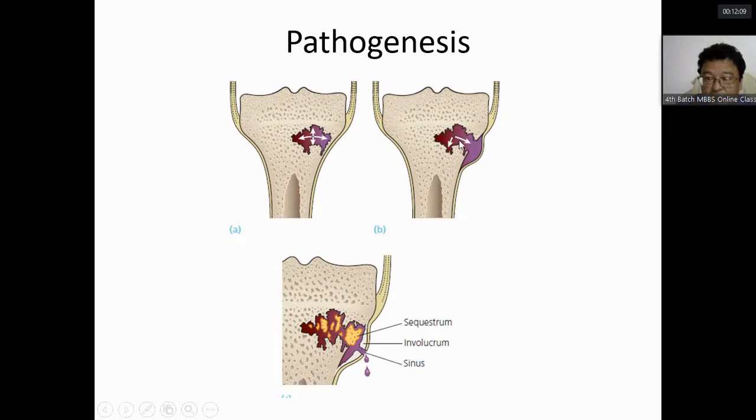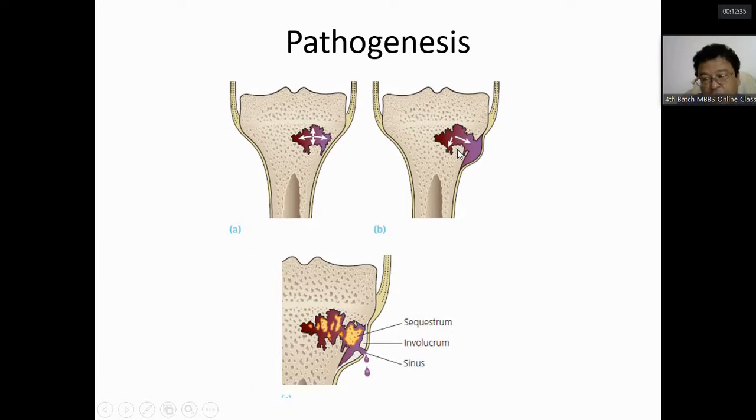The other is that from this area, it can go directly to the joint, especially in the humerus and the hip joint, where the joint capsule is not limited to the epiphysis but comes way down to the metaphysis, so the infection from the bone can directly go to the joint. So for the treatment part, we have to stop this process.